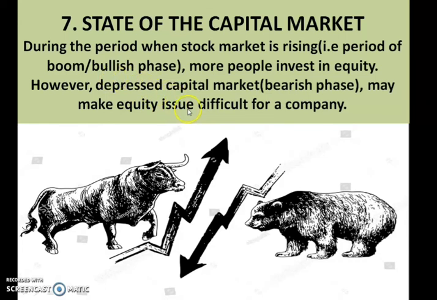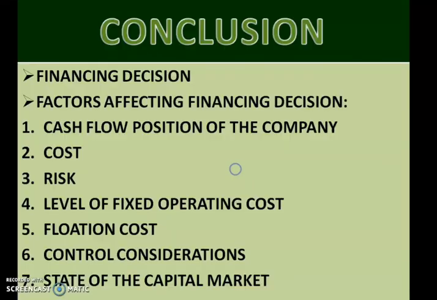So in these two states of capital market also, sometimes you may have to make a decision regarding opting of source of fund, that is whether to go with equity shares or with debt. Okay, so these are the 7 factors which will help you make a decision known as financing decision.